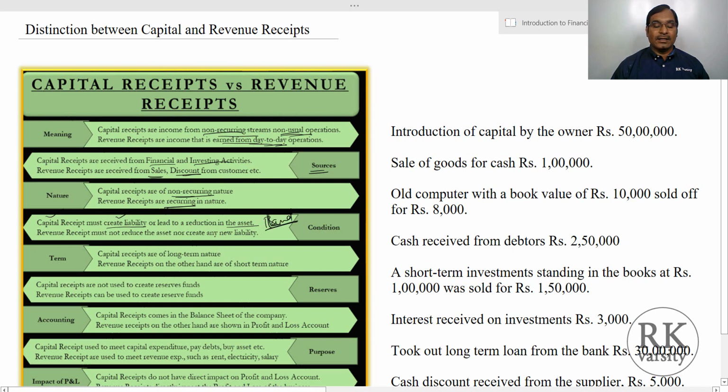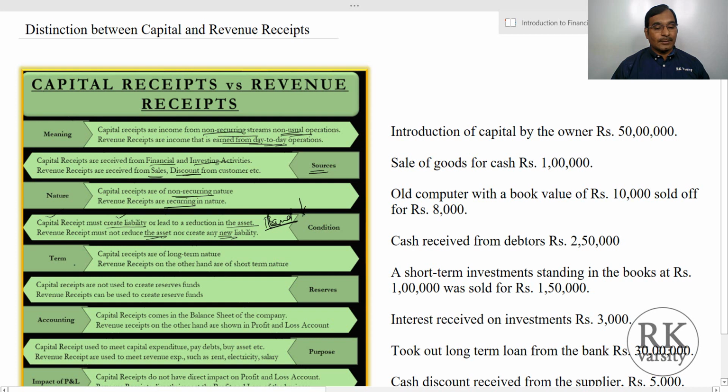When you sell your land, your asset decreases, so the cash generated by selling an asset is a capital receipt. Next, a revenue receipt must not reduce an asset nor create any new liability. So we will not sell any asset nor create any new liability in the case of revenue receipts.